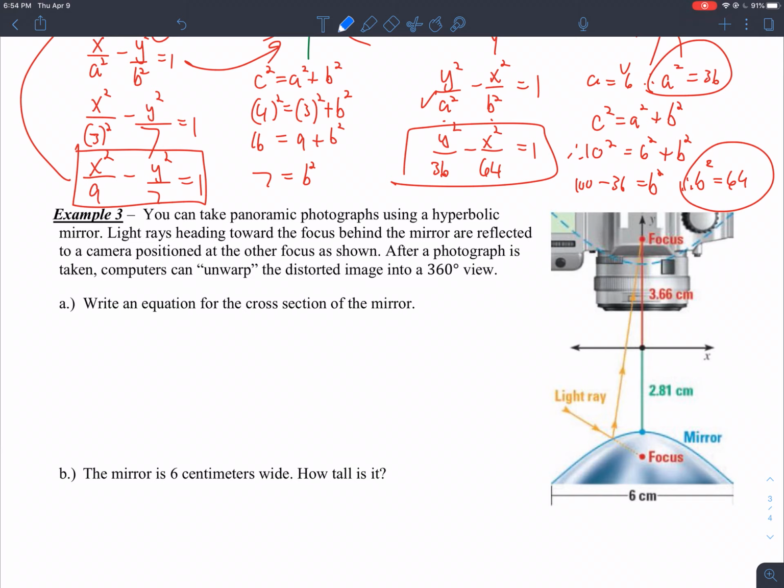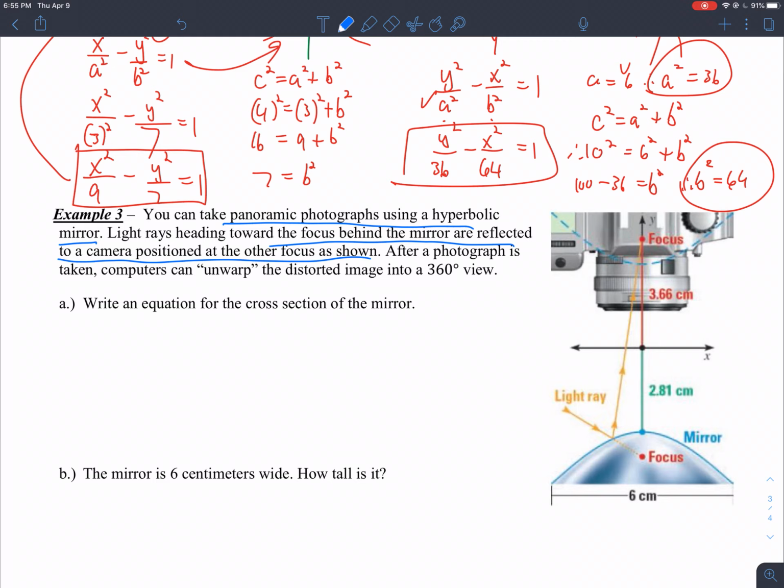Okay, so let me do example 3. It says you can take panoramic photographs using a hyperbolic mirror. Light rays heading toward the focus behind the mirror are reflected to a camera position on the other focus as shown.